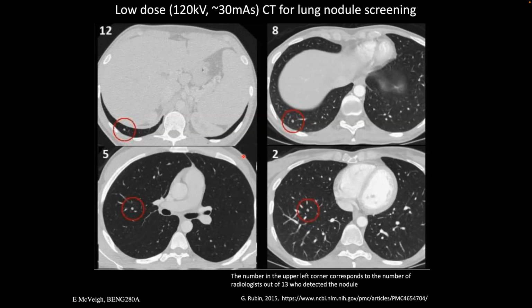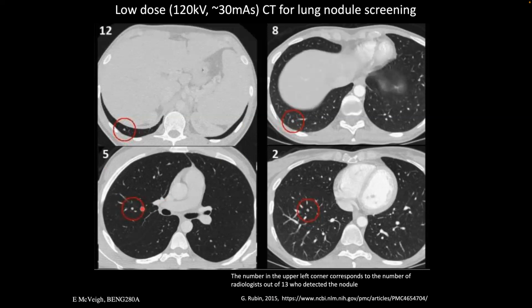But these nodules, these little things, are the things that you're after when you do this screening. And this is a very interesting paper. You guys are welcome to download this and read it. 12 out of 13 radiologists caught this one, right? 8 out of 13 radiologists caught this one.